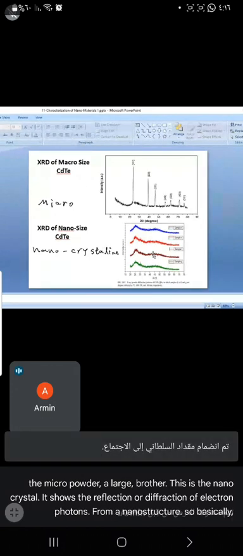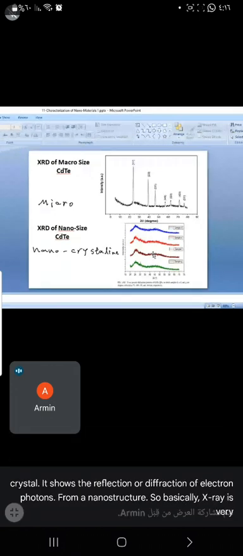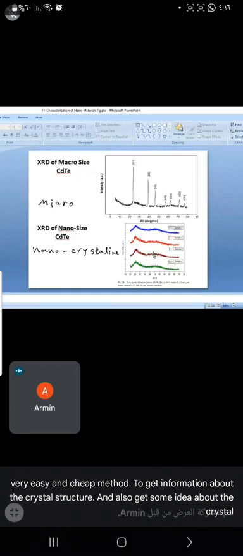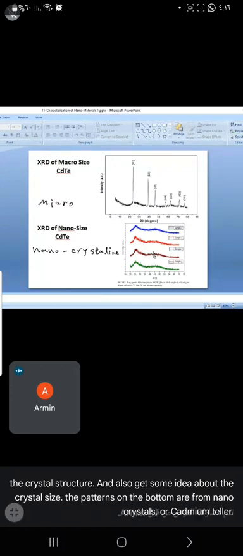So basically, X-ray is a very easy and cheap method to get information about the crystal structure and also get some idea about the crystal size. The patterns on the bottom are from nanocrystals of cadmium telluride.